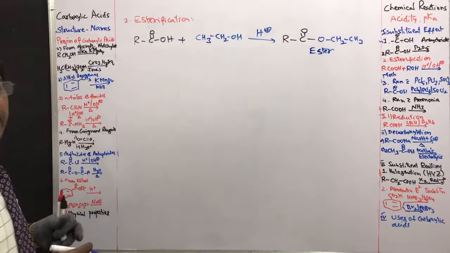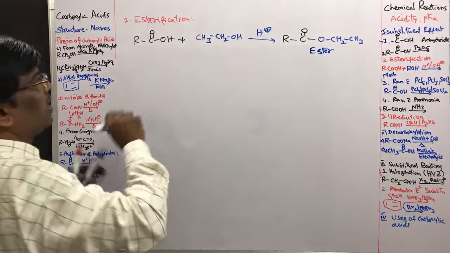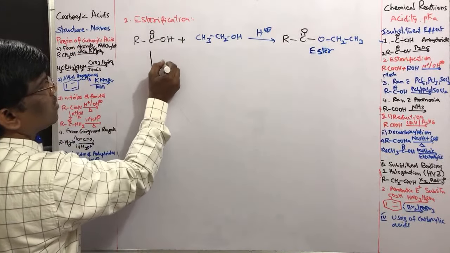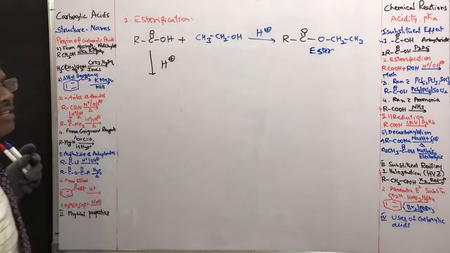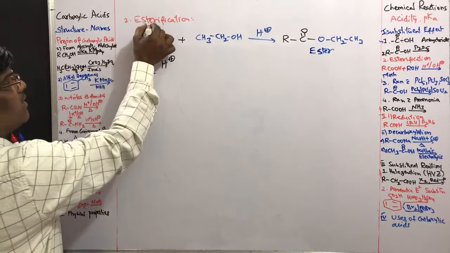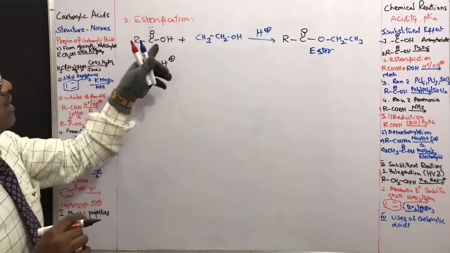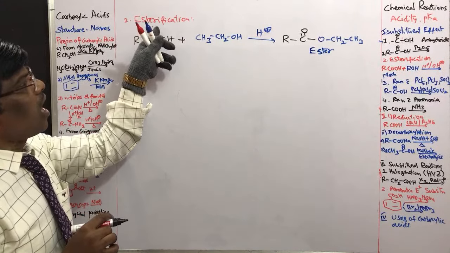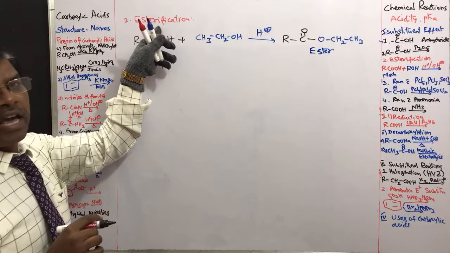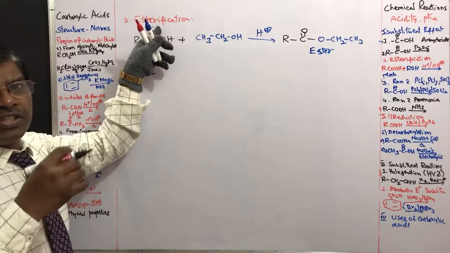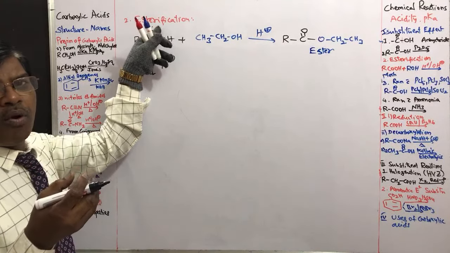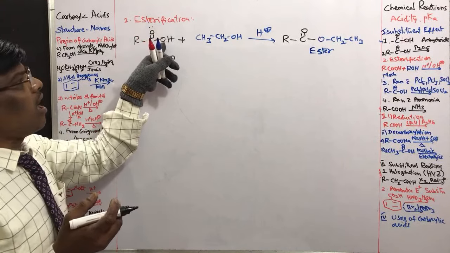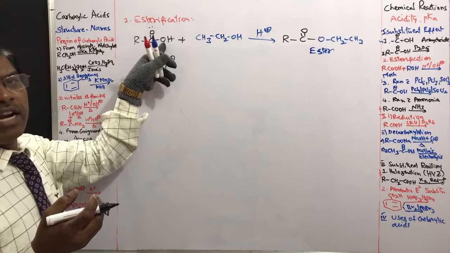The name is ester. If I write the mechanism, so when I write H plus ions, carboxylic acid will have lone pair electrons. Dear students, it also will have lone pair electrons. So the oxygen, which is sp2 hybridized, is going to share its lone pair electron more easily than the oxygen having sp3 hybridization.